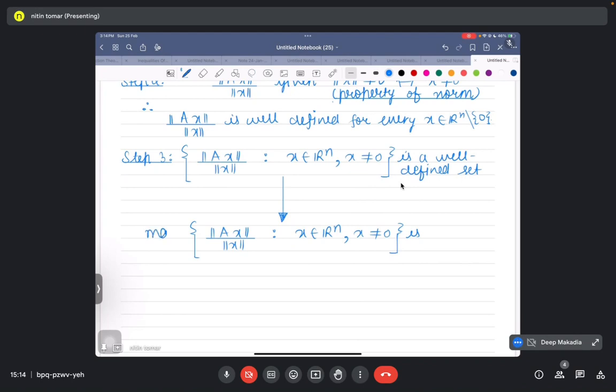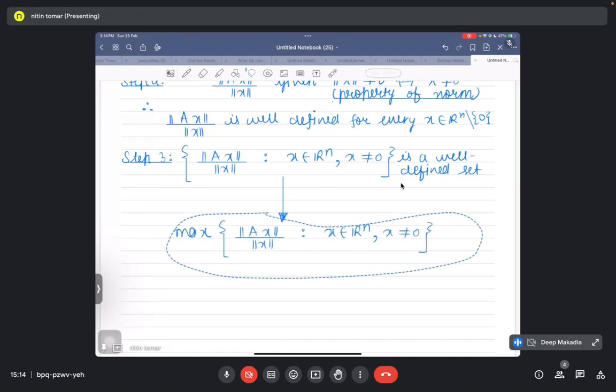Now you take the maximum, okay? And this is your matrix norm subordinate to the vector norm. Am I correct by definition? Is it clear what I'm saying?